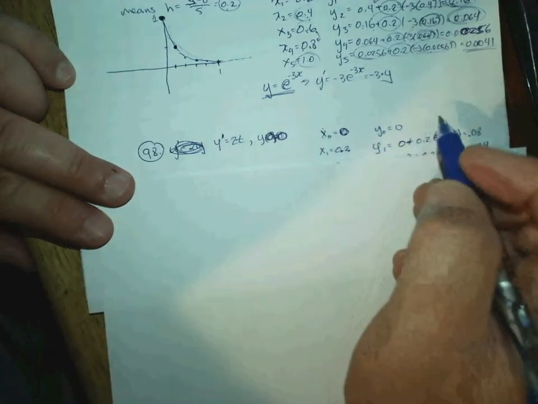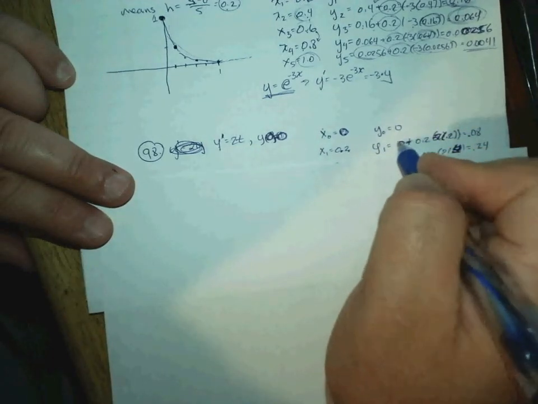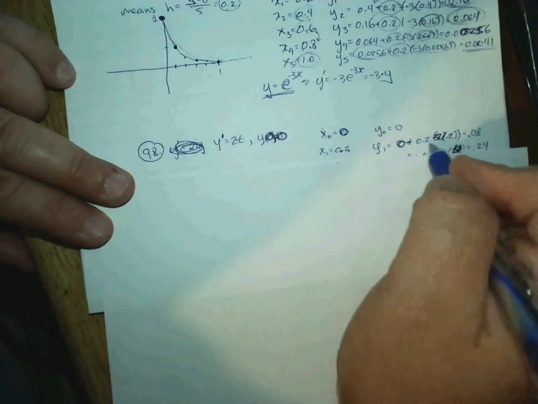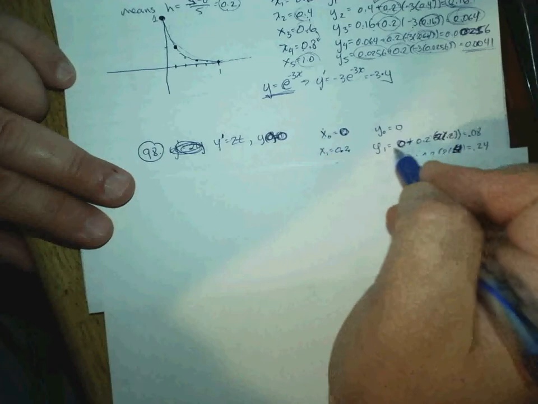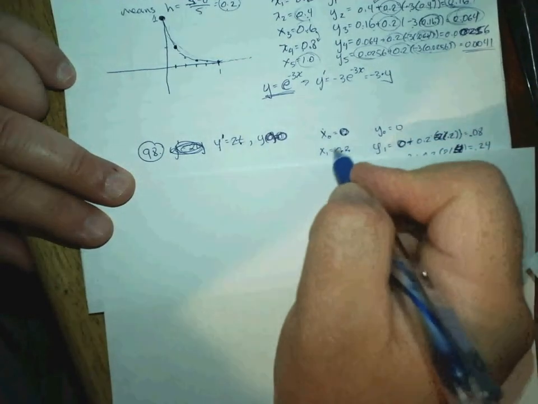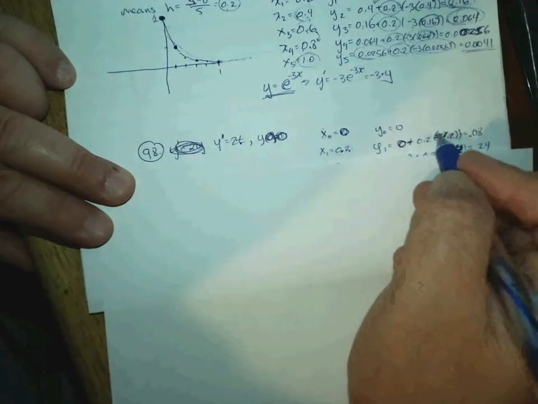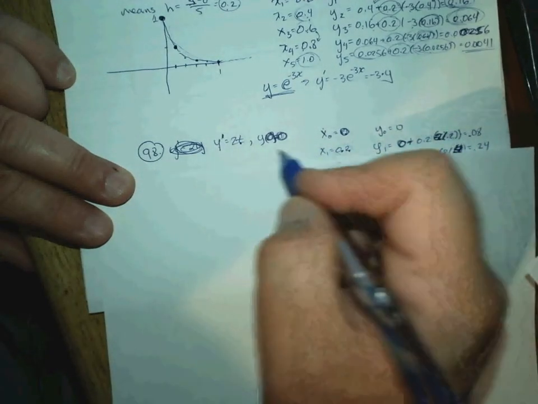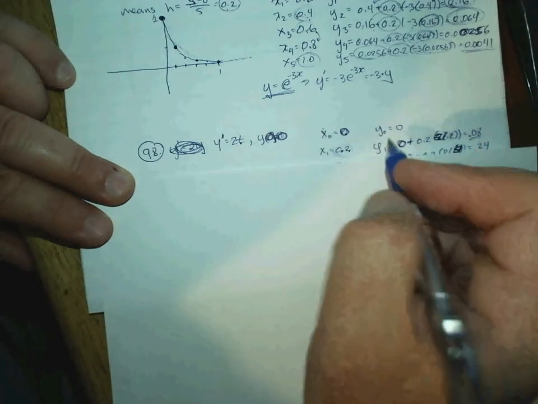So as we iterate from x naught to x1, we add 0.2. When we go from y naught to y1 now, we take the previous y value, the y naught, plus the step size, times the function evaluated at the t value, which is this one here, the 0.2. So that's going to be 0.2 times 2 times this 0.2 from here.